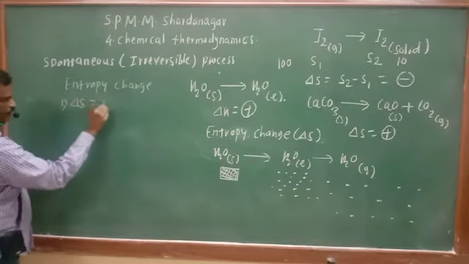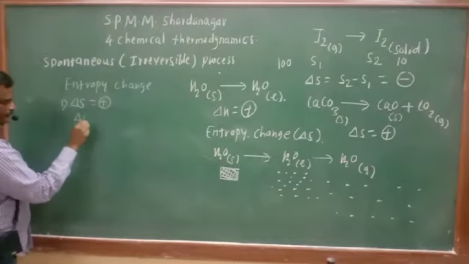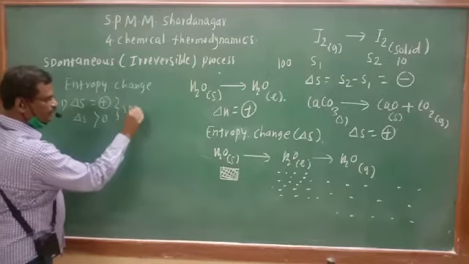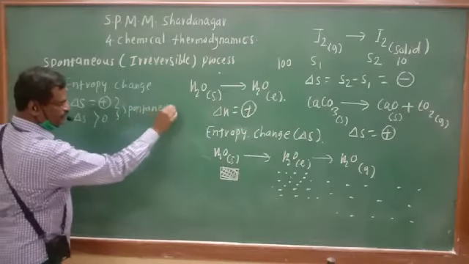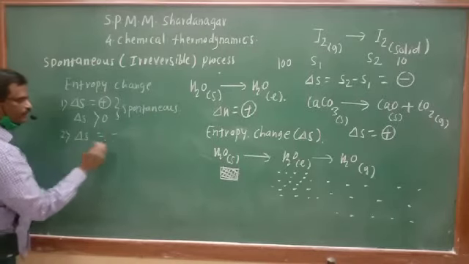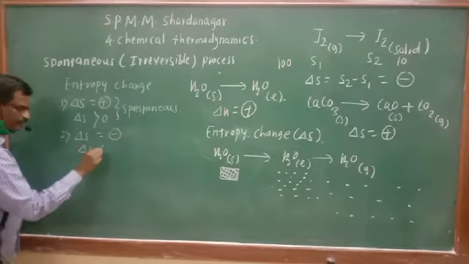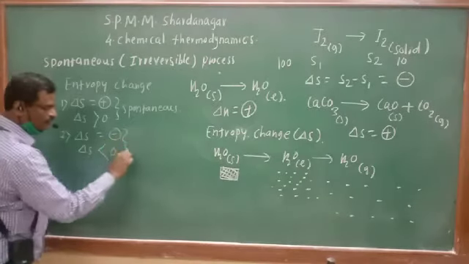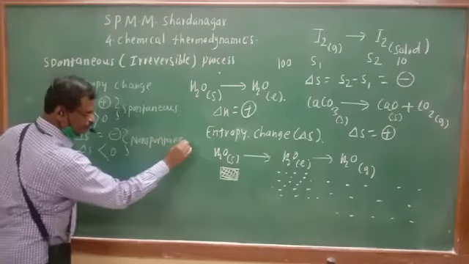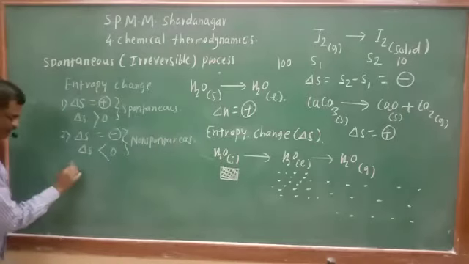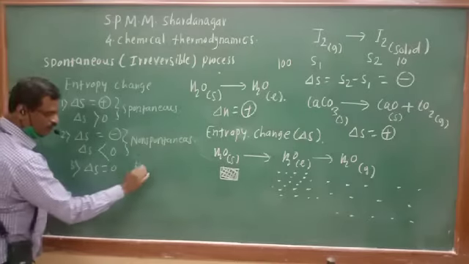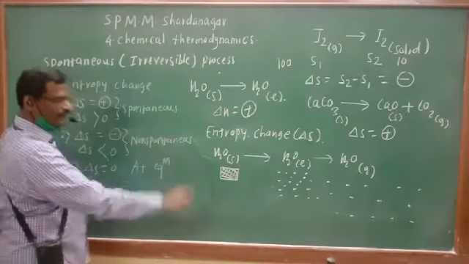Whenever delta S is positive, meaning delta S is greater than 0, this process is known as a spontaneous process. Secondly, whenever delta S is negative, meaning delta S is less than 0, this is known as a non-spontaneous process. And third case, whenever delta S is equal to 0, this is the process at equilibrium.